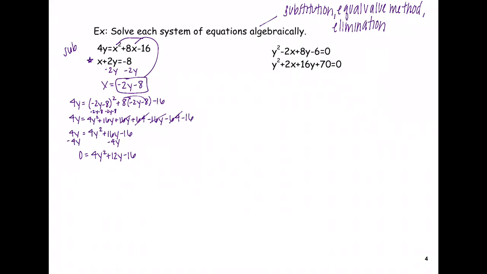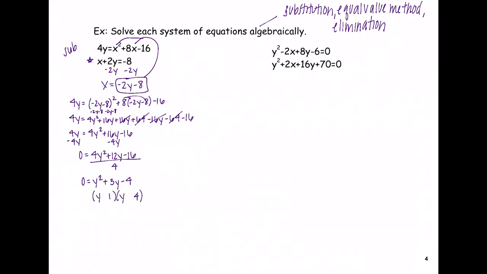We have a quadratic, so to solve a quadratic you can use completing the square, factoring, or the quadratic formula. The GCF between all of these is a 4, so I get 0 is equal to y squared plus 3y minus 4. This is factorable.